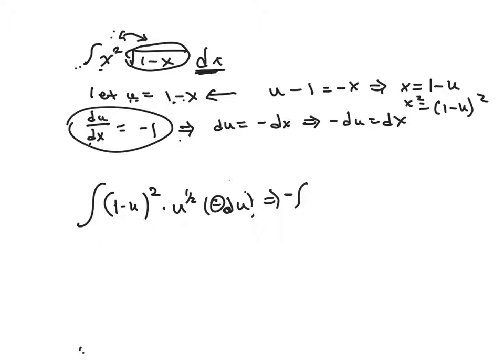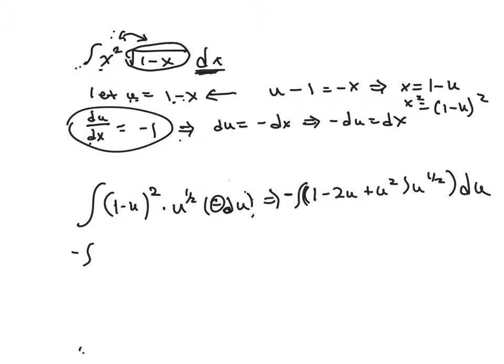Since I'm multiplying by -1, I'm going to take that outside the integral. I'm going to multiply the integral by -1 too. But 1 minus u squared is 1 minus 2u plus u squared. And that gets multiplied by u to the 1/2. And then we're taking the antiderivative with respect to u.